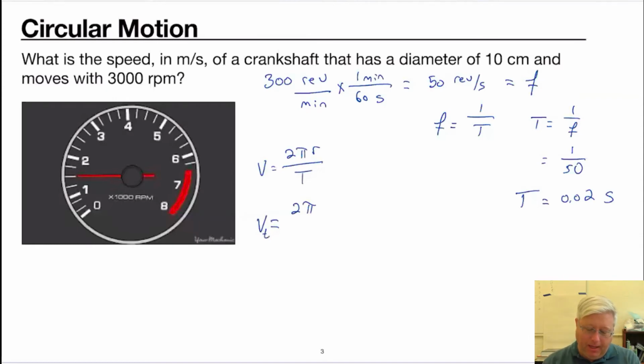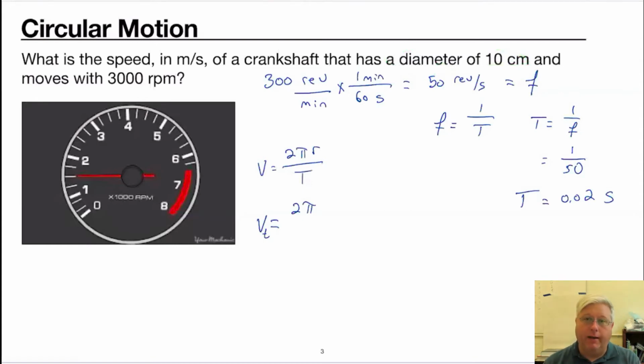Then a lot of times it'll give you the diameter, right? I see this happen over and over, and I even make the mistake too sometimes: you'll forget to turn that diameter into a radius. So we wouldn't want to put 2 pi times 10 centimeters here.